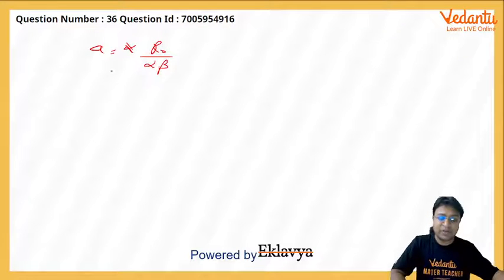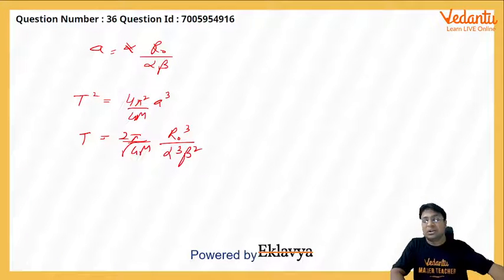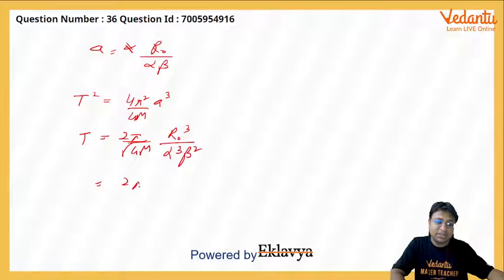So once you have the value of a, now you can readily write time period as T square is equal to 4 pi square by GM into a raised to power 3, or T is equal to 2 pi by root GM into root of a cube. So that's r naught cube upon alpha cube beta cube. Now the catch here is to get rid of GM, which we can do very easily.